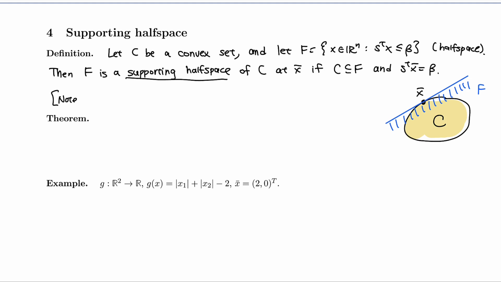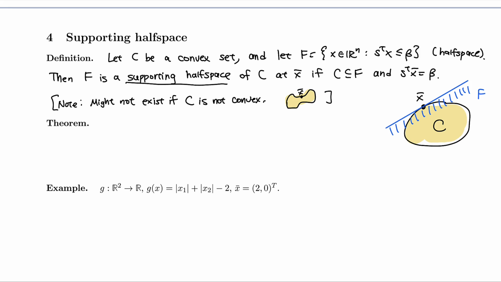We note that a supporting half space might not exist if C is not convex. In this small example here, there are no supporting half spaces for x bar. And the main theorem here is that we can get the supporting half space from the subgradient.